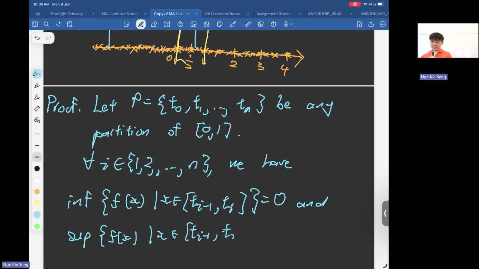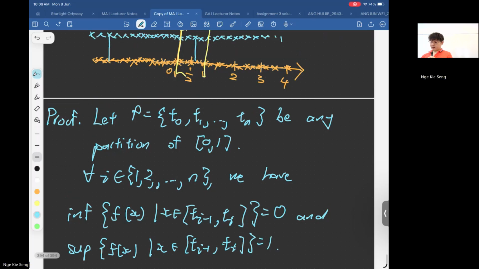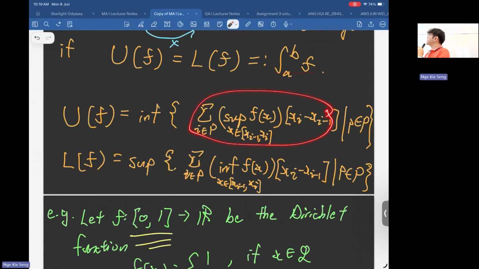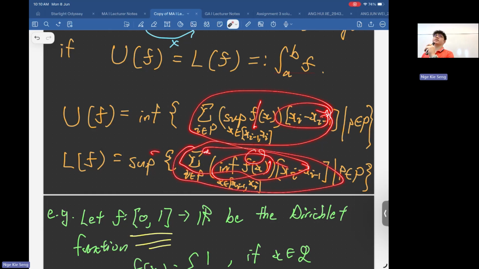So what you get is the coefficient here is always 1 times the length of your subinterval. And the other coefficient is even easier, it's just 0. So 0 plus 0 is always 0. So this set here is always 0. Sup of 0 is just 0. But then here, 1 times the length of the subinterval.